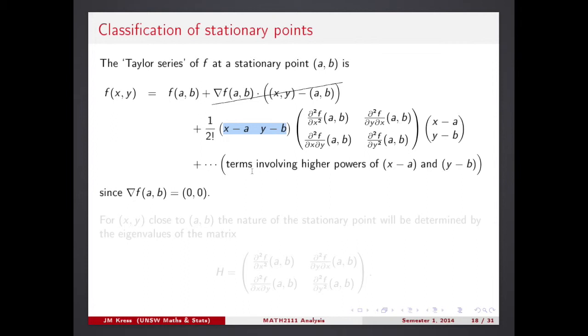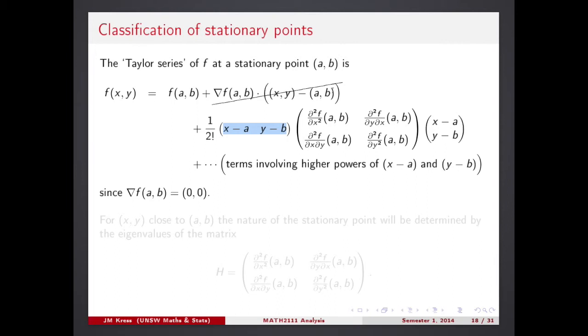All of the other terms, the terms involving higher powers of x minus a and y minus b, will be, if I use my language again, infinitesimally small in comparison to this. So the bracket terms, which are hidden here, do not really affect your function much. The main driver for the behavior is this piece, because this one is gone. If it was present, that's the main driver.